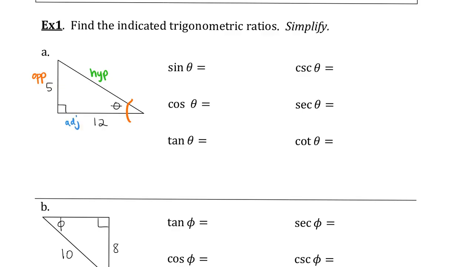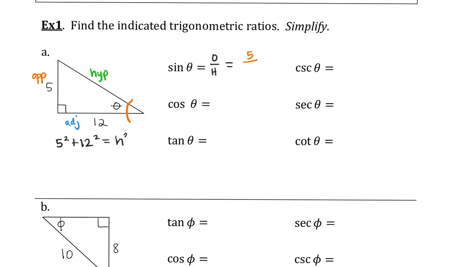Okay, I want to do sine. What is sine? Sine is opposite over hypotenuse. You don't need to write the letters, but it's just to remind us. What's opposite? Opposite's 5. What's hypotenuse? Oh shoot, I don't know it. So we're going to use Pythagorean theorem to figure out the hypotenuse side. So let's do 5 squared plus 12 squared equals, what letter should we use for hypotenuse?